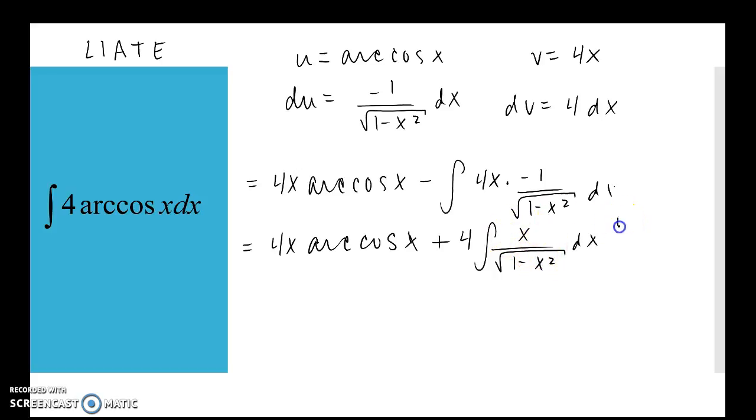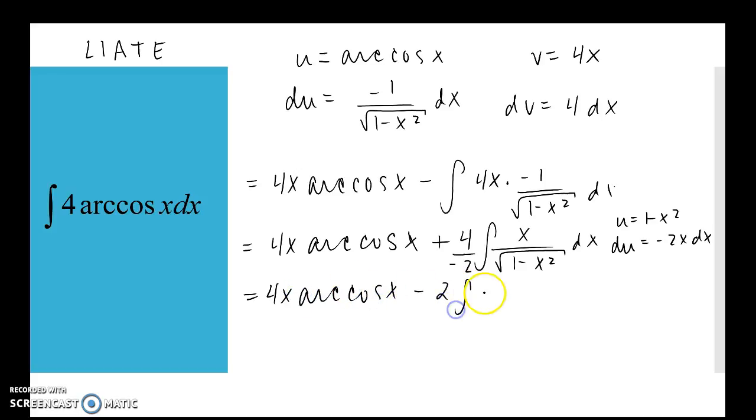So to complete this problem, I'm going to have to do a u substitution there. So u would be 1 minus x squared, du negative 2x dx. So I bring a negative 2 out front. 4x arc cosine of x minus 2, and this would be the antiderivative of u to the negative 1/2.